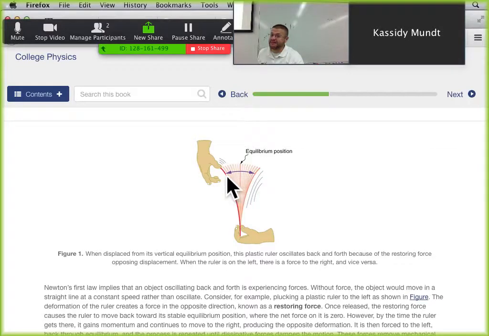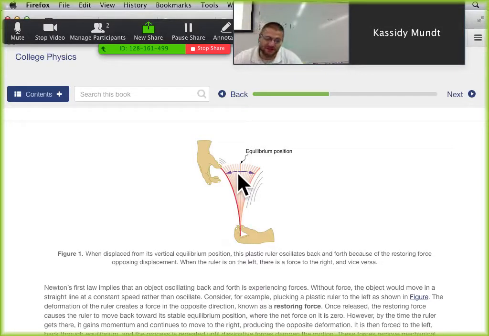And if it's at the maximum position on the left and moving back towards the right, which way is it accelerating? To the right again. It's actually speeding up towards the right. And when it's at the maximum position on the right and it's moving towards the left, which way is it accelerating? To the left. Now, if you can keep all those straight, you're good to go. If you can't, try to practice it.